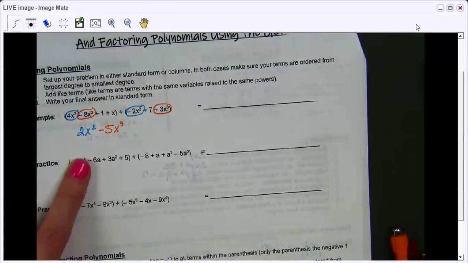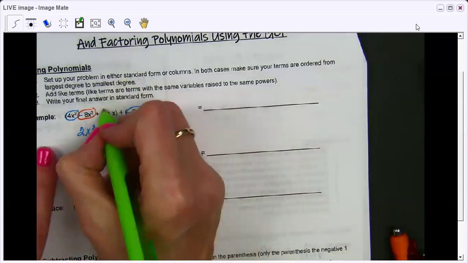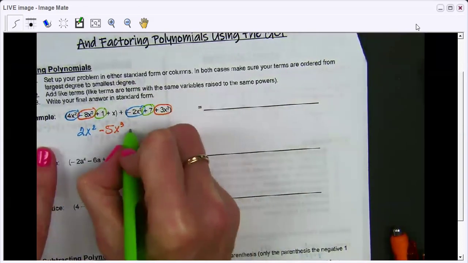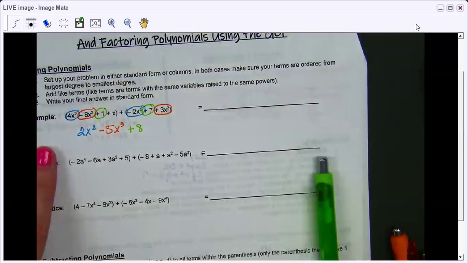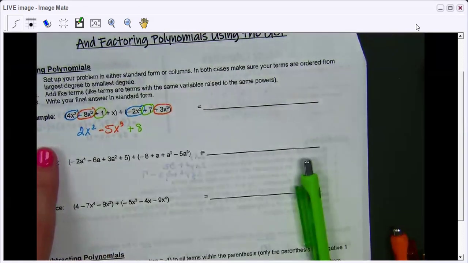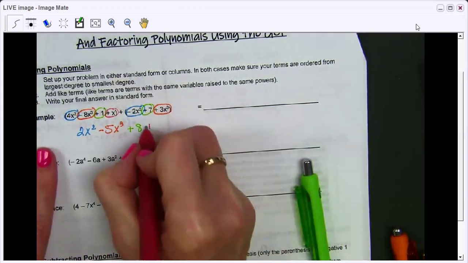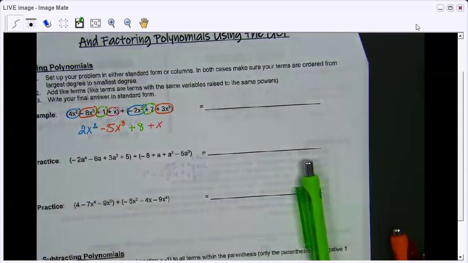Next, I have a 1, and I have a 7. 1 plus 7 is 8. And then in the next one, I don't have another color. We have just an x, and we have nothing to combine it with, so it's just plus x, okay?